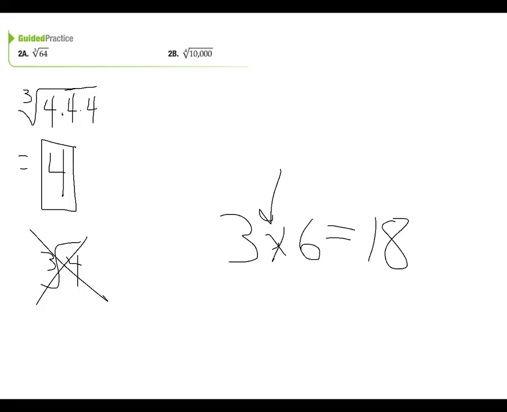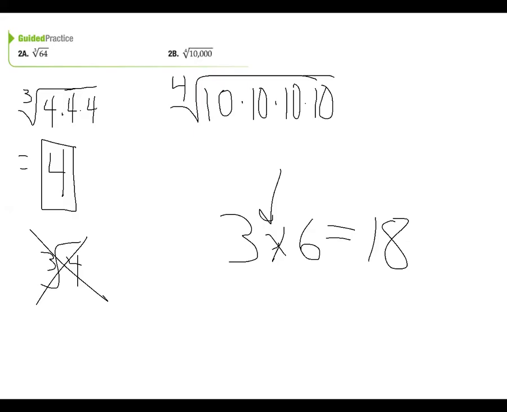Okay, so the 4th root of 10,000. Well, I need 4 numbers that multiply together that give me 10,000. And it's actually 10 times 10 times 10 times 10. So the 4th root of 10,000 is just 10. Pretty cool. All right, like square roots, nth roots can be represented by rational exponents.